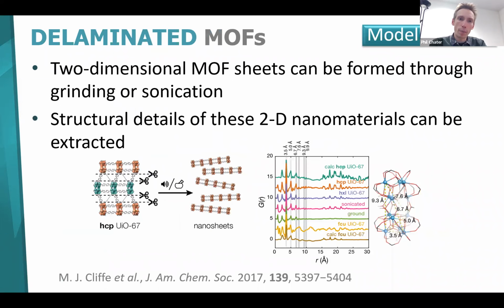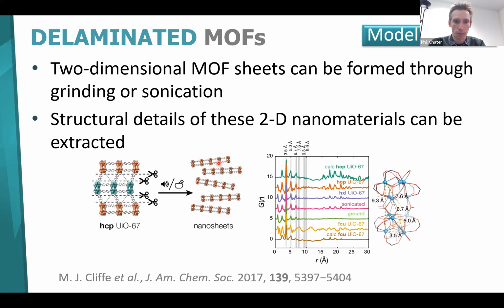Other things you can do via model checking. This was a MOF that they managed to cut up either through grinding or sonication to break these weaker layers between some sheets and produce basically 2D nanomaterials of these single sheets of MOFs. But again, what is the structure at this point? They knew that they'd lost a lot of the long-range structure because their Bragg data had almost completely disappeared.